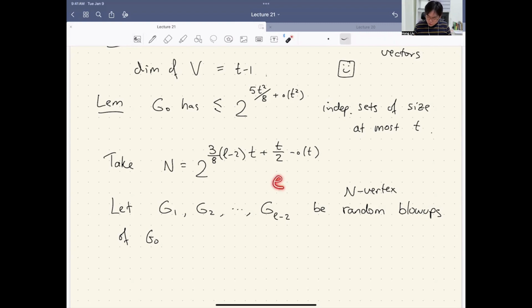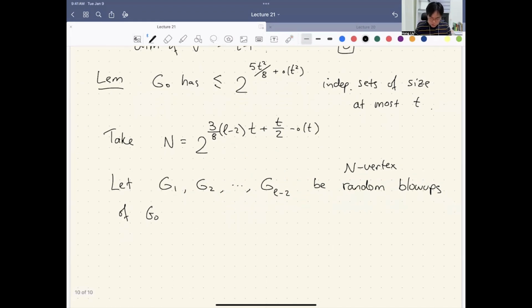You color the edges by whichever copy they come from. If an edge comes from multiple copies, that's fine, just color it by an arbitrary color, say the minimum one.